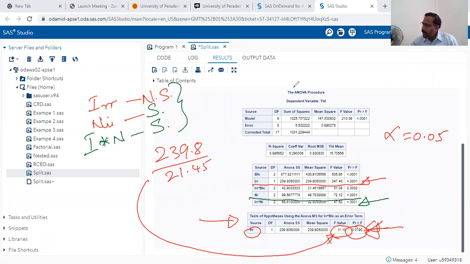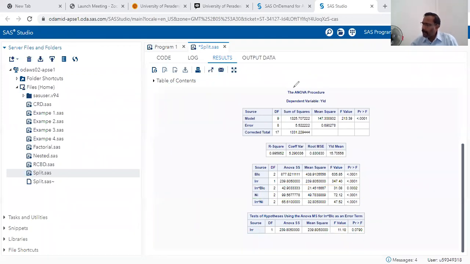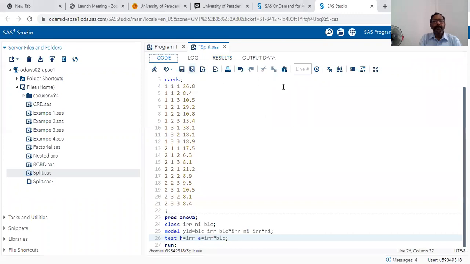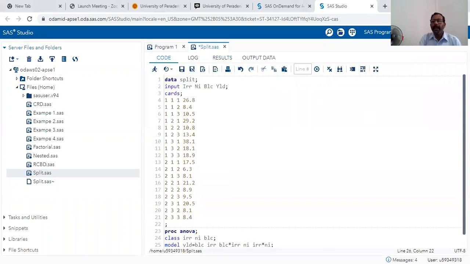Maybe I will give you one more command. Let's say I have, for example, yield, dry matter, leaf area.